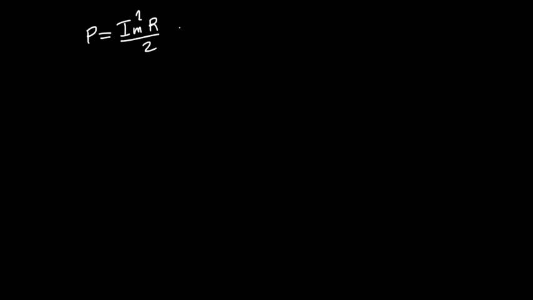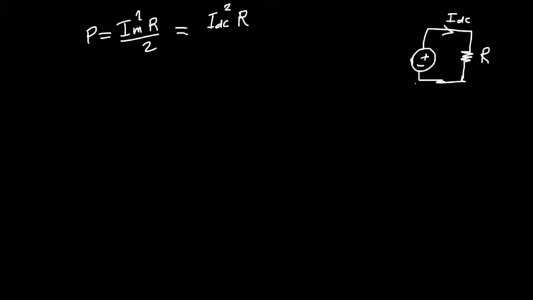If DC is passing through the circuit, the dissipation will be I DC square into R. We know that the power is I square R. When I DC passes through the resistor, the same power will dissipate.